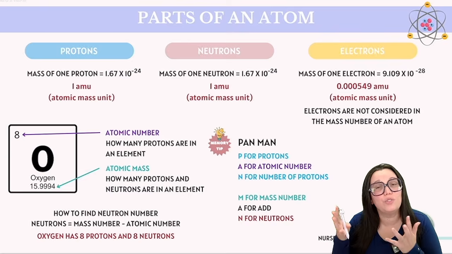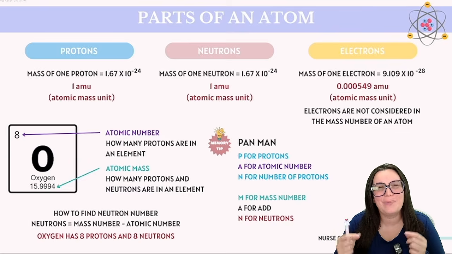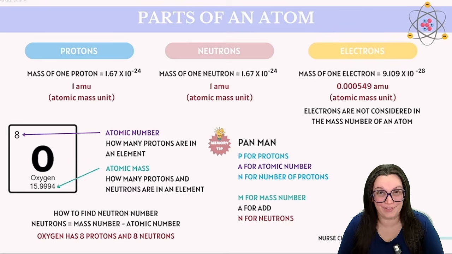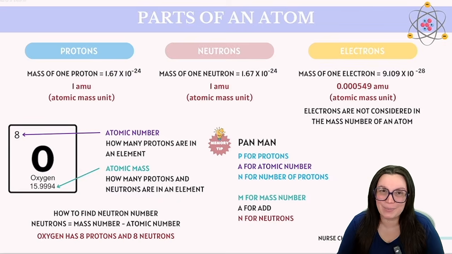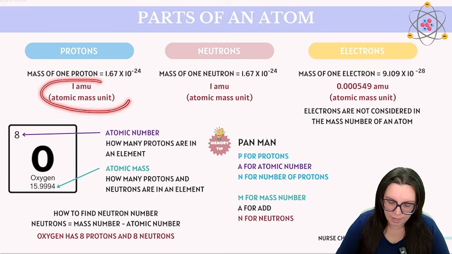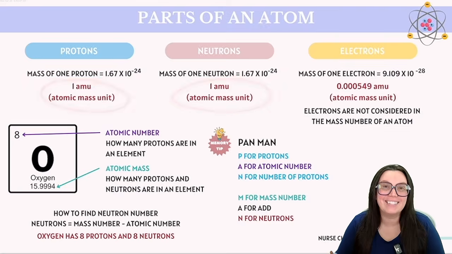It's a figure so small that it's best expressed in scientific notation. Recognizing the impracticality of such a small number, scientists introduced the atomic mass unit as a more manageable measure when we're measuring atoms. Because of this, both protons and neutrons weigh approximately 1 atomic mass unit.